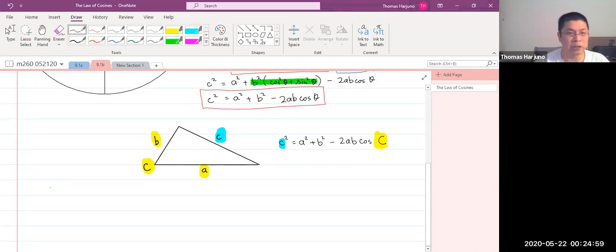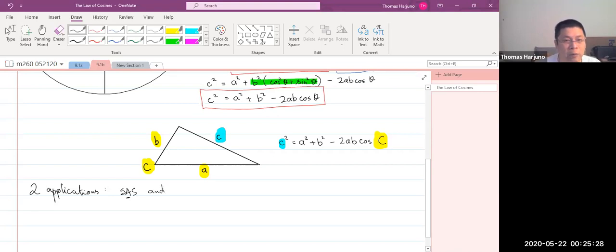The first application is in the case of side angle side, the one that we have just now. Two sides and the angle is in between. You see this angle here is in between those two sides. So if we have this situation, you can apply law of cosine.